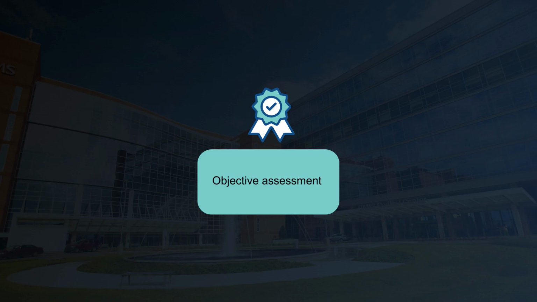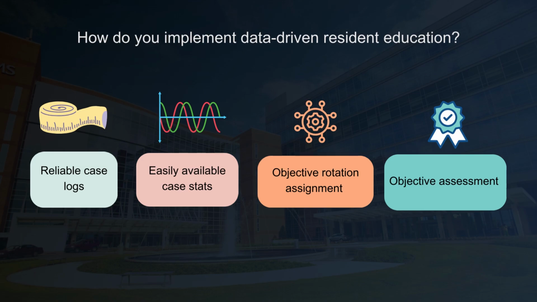Finally, objective measures of clinical competence are needed to hold both residents and faculty accountable. So, here are the four building blocks of data driven resident education. And the goal of all of this is to achieve consistently outstanding training for each individual resident, taking into consideration their own personal aspirations, regardless of the vagaries of clinical volume.